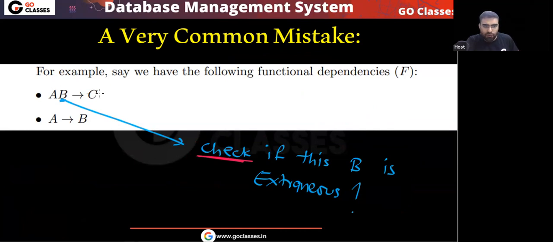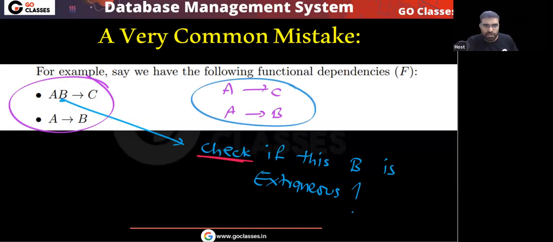Let's assume you first remove B from here. Let's assume this B you have removed. Now if you check, in this example it is actually working.